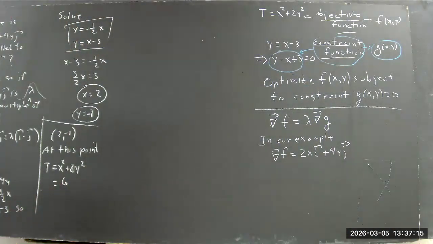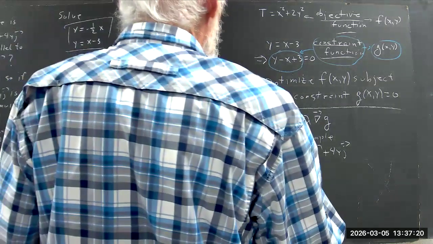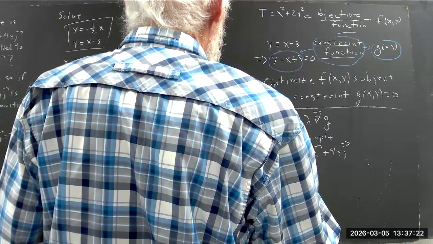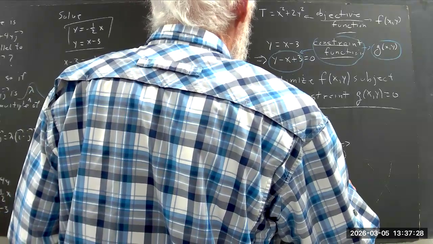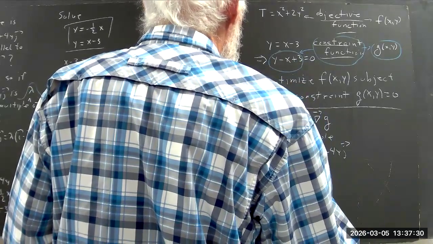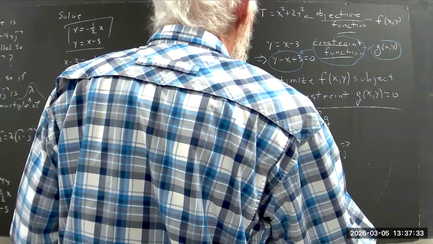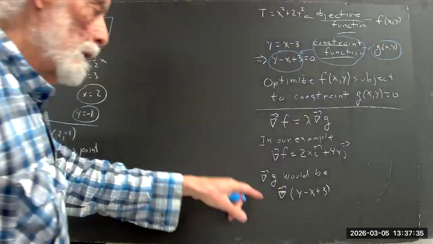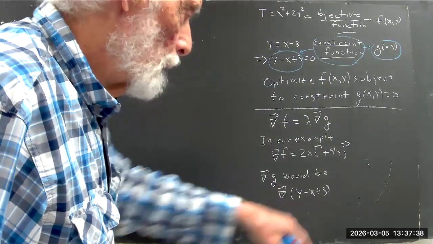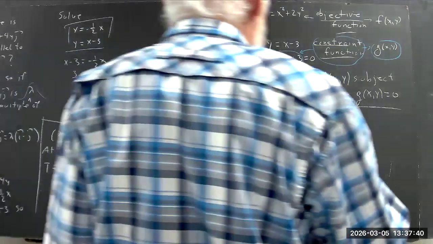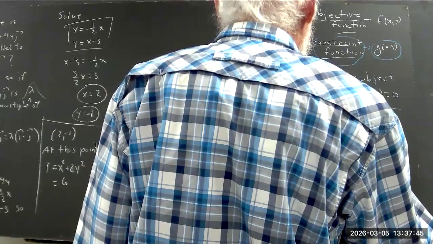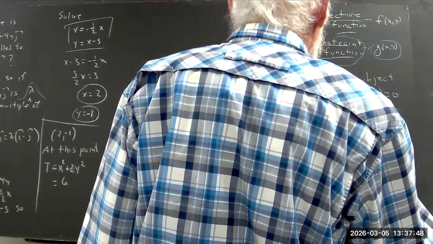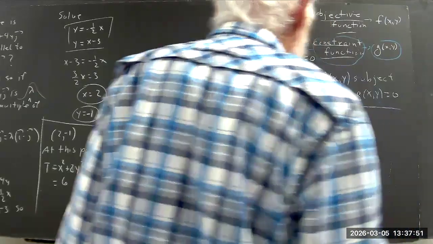Gradient of f was 2x i plus 4y j. The gradient of g would be the gradient of y minus x plus 3 equals -i plus j.